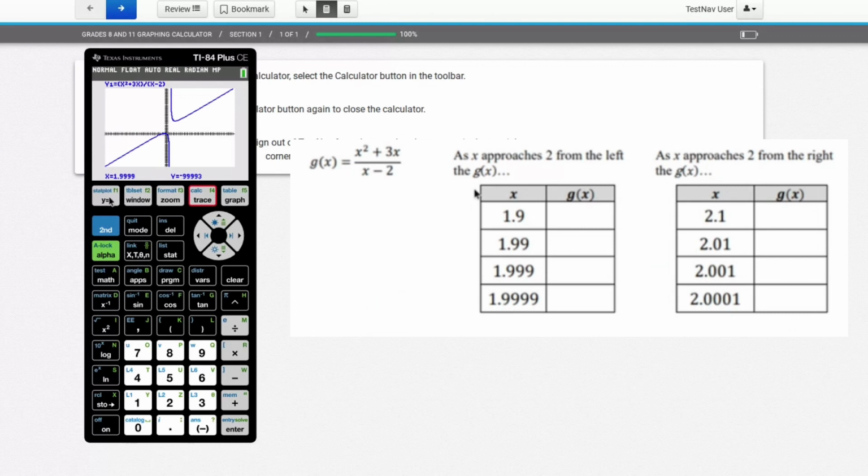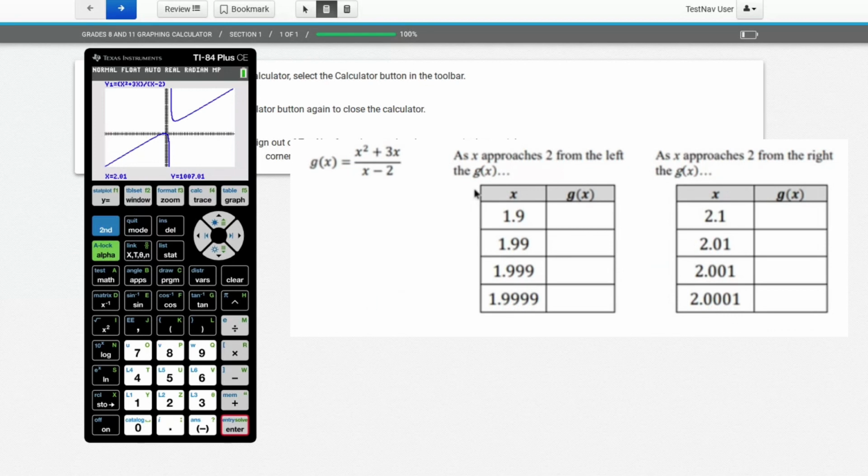Let's see what happens when you type in the values on the right side of 2. Second calc, value, 2.1 is going to give us a value of 107.1. Then we type out second calc, value, 2.01, and that gives you a value of 1,007.01.